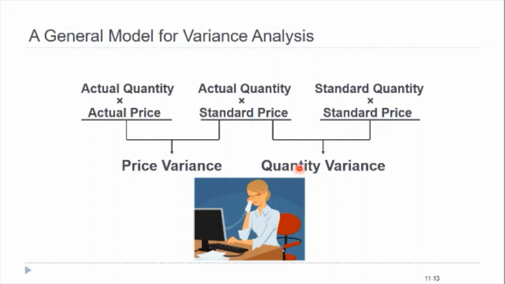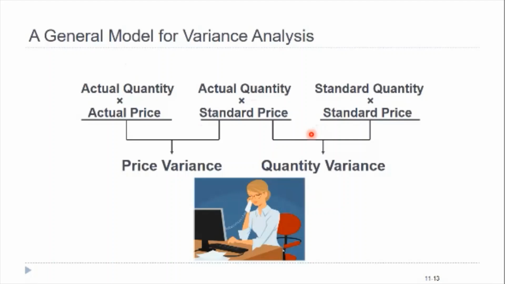If you add these two together, you'll get the difference between this and this. Now the procedure for going about it is to do this column first, and then do this column next. Then you do this column. Okay, then you can get these. So when you do this one and then this one, you can get the total variance, and then you work out these two, and you can balance it with the total variance.